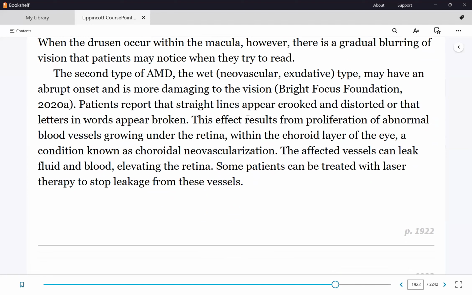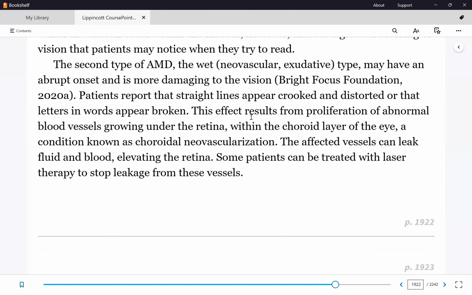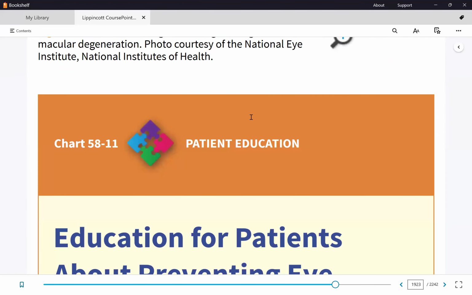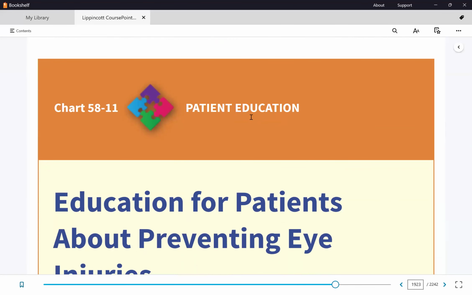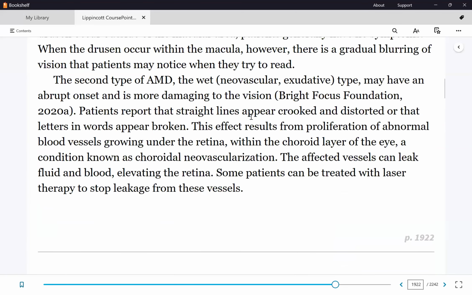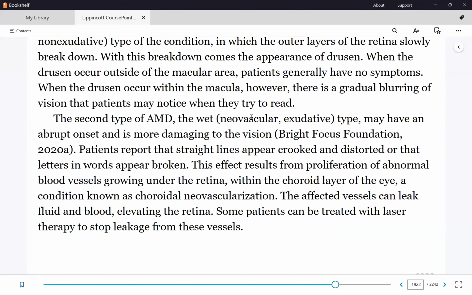So the treatment here is kind of like cancer because we want to prevent the growth of these abnormal blood vessels. Okay, so we don't want these blood vessels leaking fluid and blood, damaging your retina and especially the macula. So we have a drug whose classification is endothelial growth factor inhibitor, which in essence prevents the growth of new blood vessels.